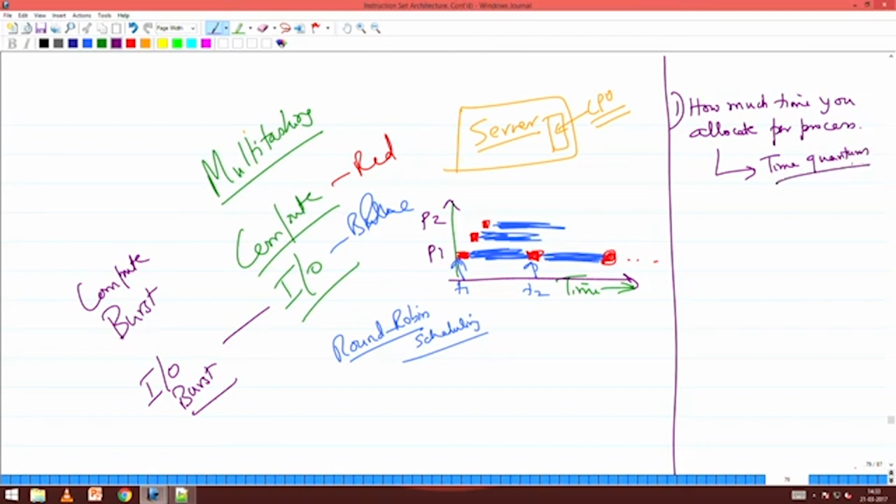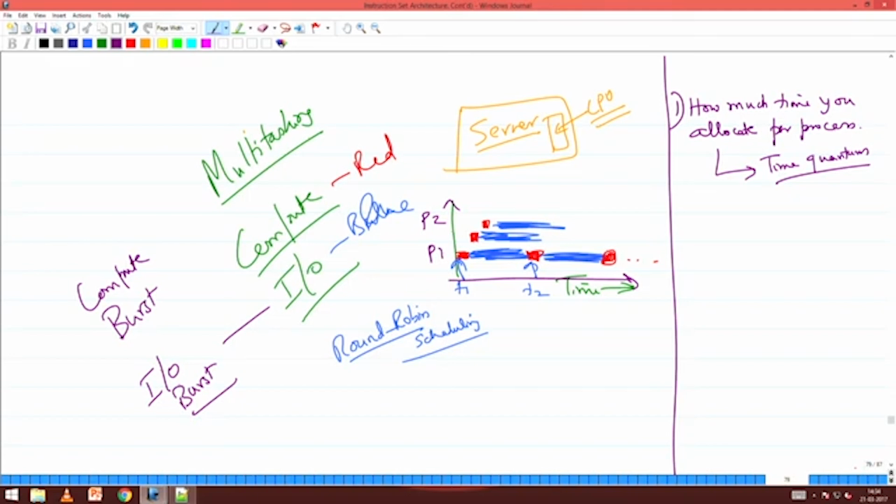It is decided based on the average CPU burst across all programs. If I keep interrupting, giving you something, stopping, then giving, stopping, then nobody will do any constructive work. I will be spending more time swapping processes in and out. So fixing the time quantum is very, very important.